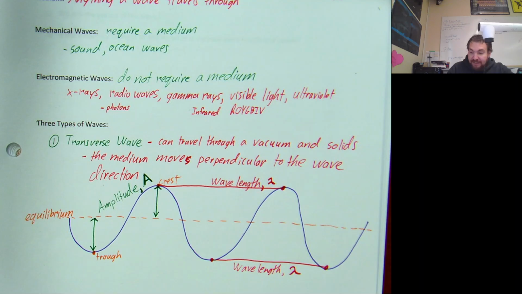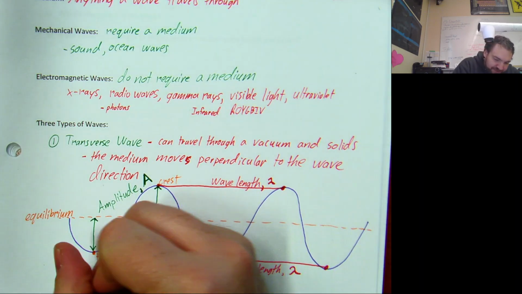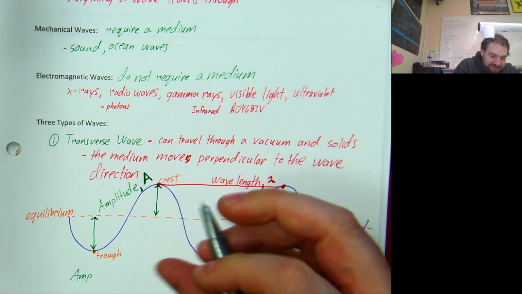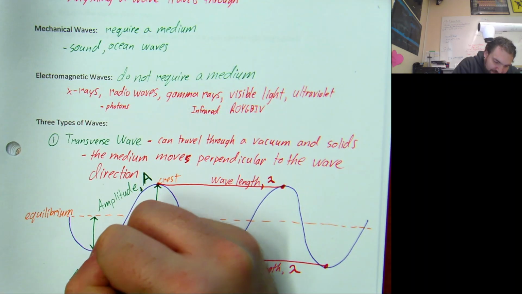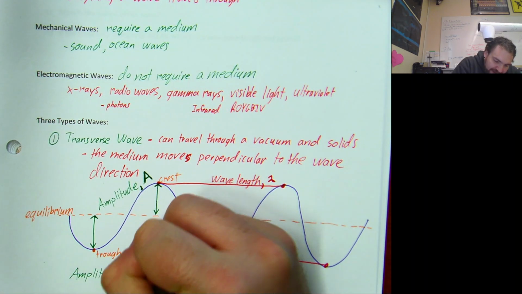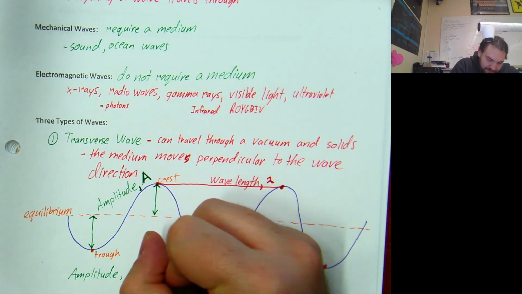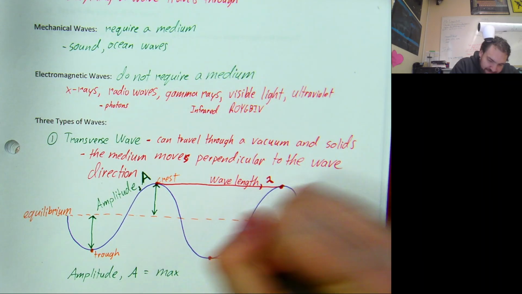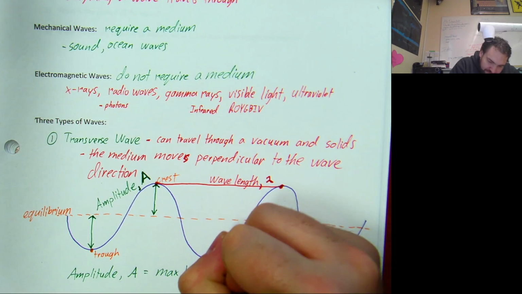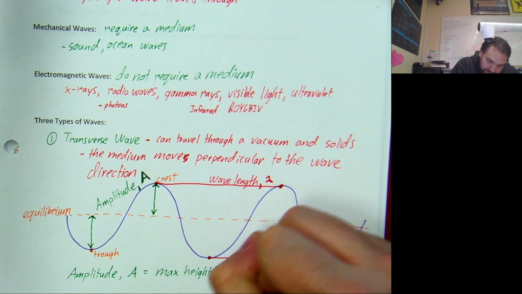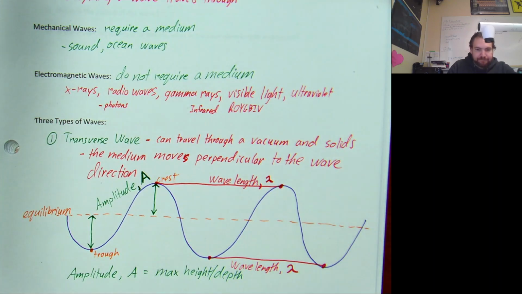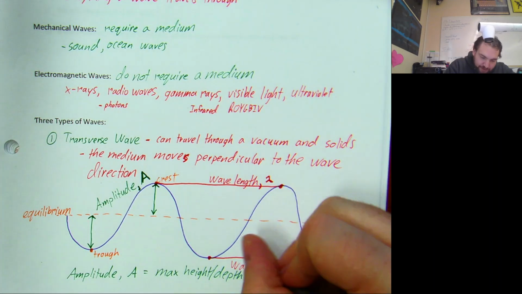So let's define some things here for you. Amplitude, A, is the max height or depth from equilibrium.